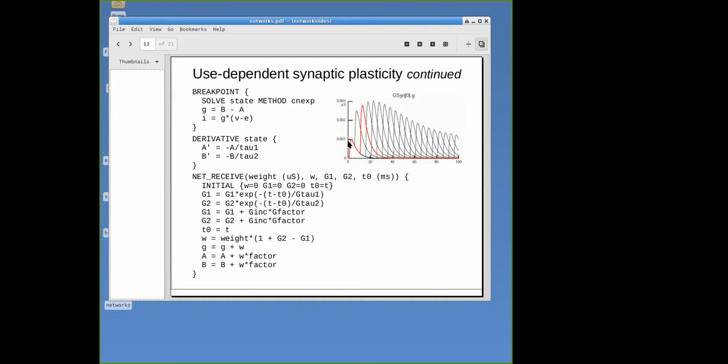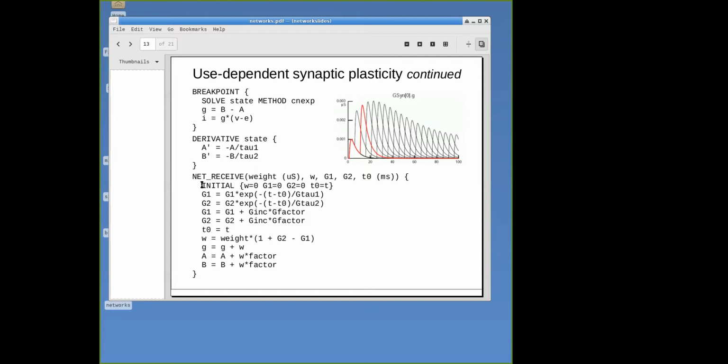Now, where do we get this potentiation from? Where does that come from? Where are the ordinary differential equations that specify that? Well, they're in here in the net receive block, but in the form of their analytical solutions. So what we have is a couple of potentiation variables, G1 and G2.